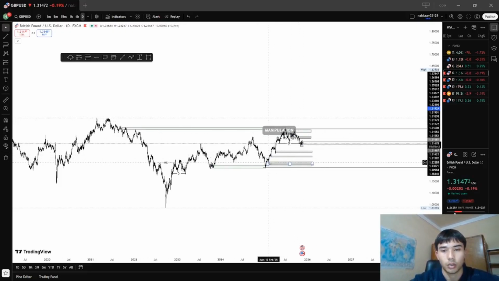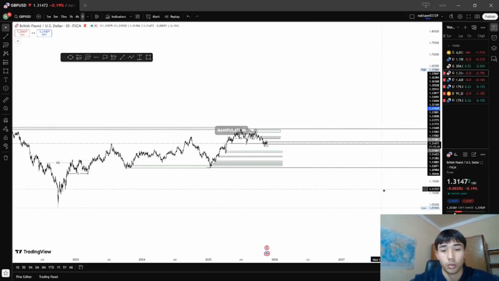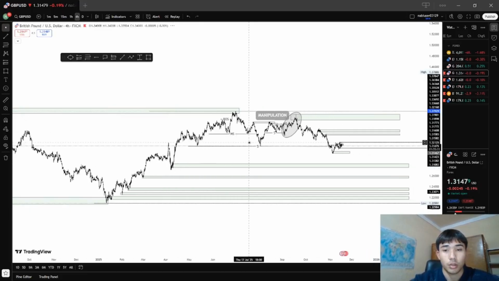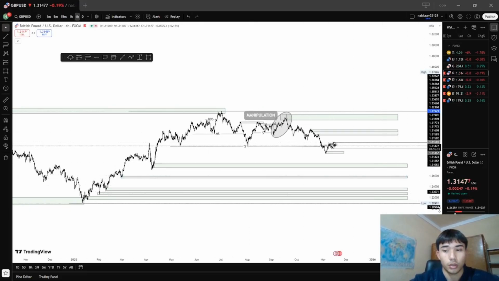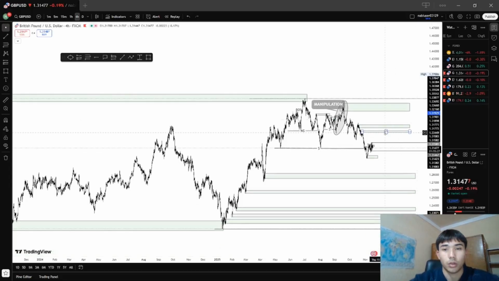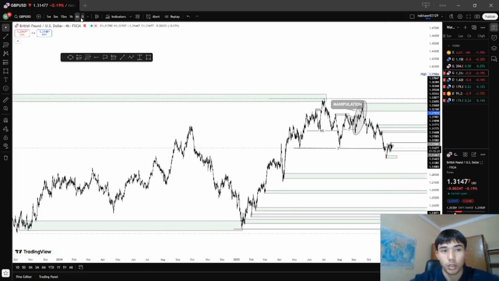So like higher lows, there are these demand zones. On our 4 hour range, we don't actually have any 4 hour range because we're only going upwards.